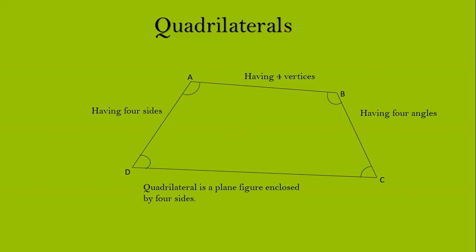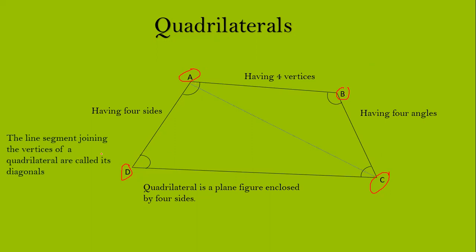Now, in the case of a quadrilateral, if we talk about opposite vertices, what does that mean? B and D, or A and C, these are the two opposite vertices, right? So if two opposite vertices, suppose B and D, are joined, then this is said to be the diagonal.